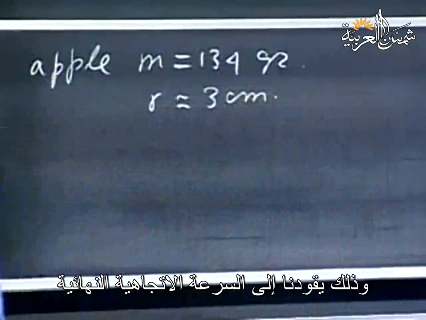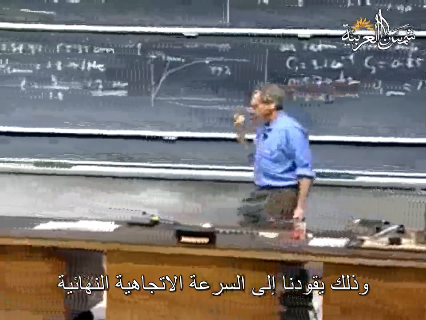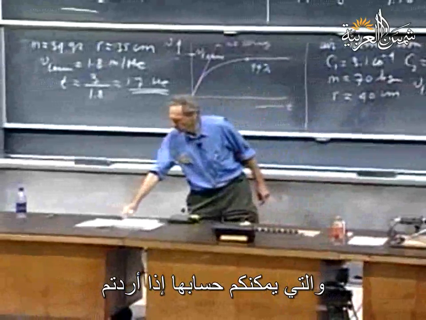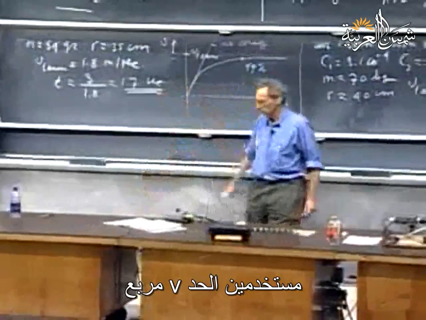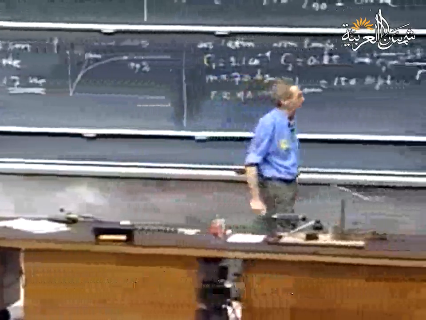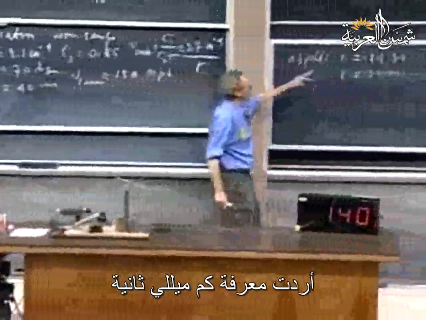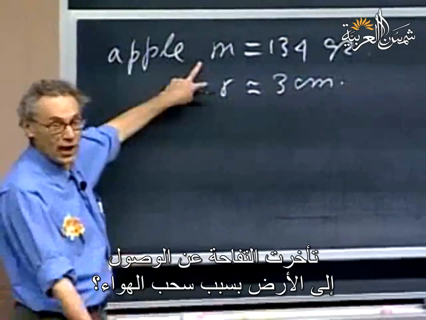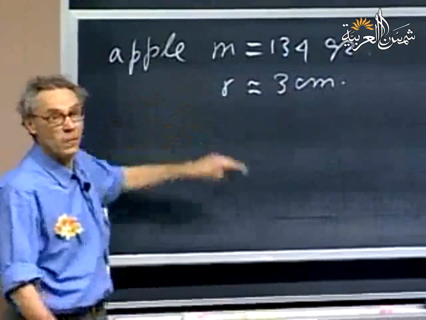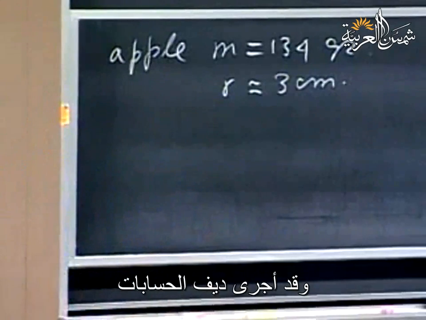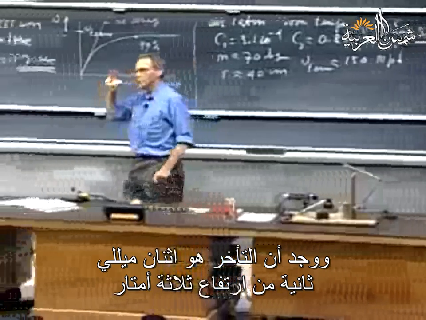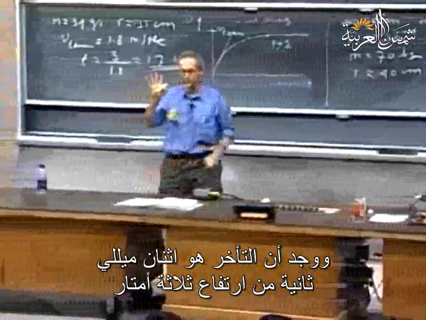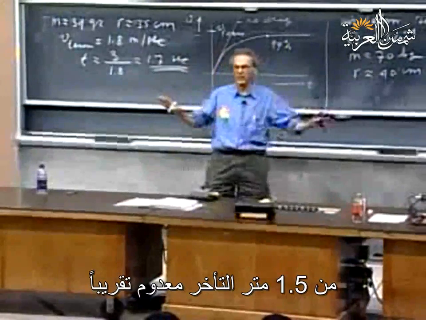And that leads to a terminal velocity, which you can calculate if you want to, using the v squared term, but I was not interested in that. I wanted to know how many milliseconds the touchdown is delayed because of the air drag. And Dave made the calculations, and he found that it is 2 milliseconds from 3 meters. From 1.5 meters, it's almost nothing.